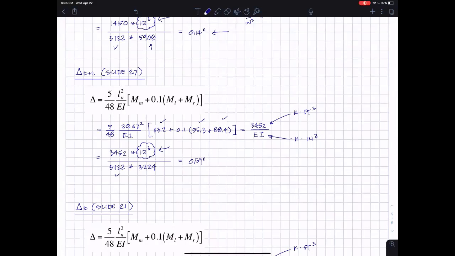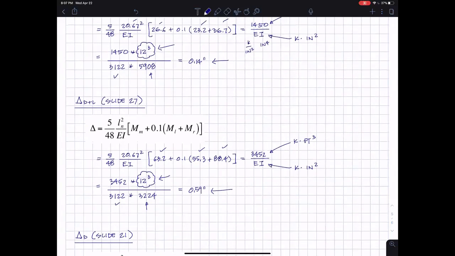Here's the E, that's the same, but the I has gotten much lower now because it's cracked. And with the addition of a higher moment and a lower moment of inertia, you get significantly more deflection, 0.6 inches. And then eventually what we do in those other slides is we take dead plus live minus dead to get the live load deflection, which was 0.45 inches.